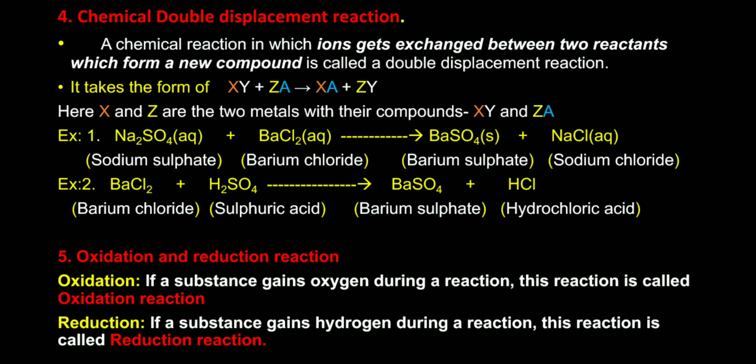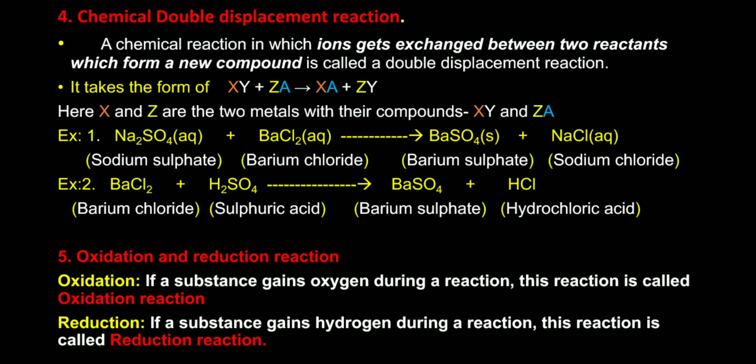You balance this equation. Fifth reaction, oxidation and reduction reaction. What is oxidation? Oxidation is the addition of oxygen to the compound. Reduction is the removal of oxygen or addition of hydrogen to the compound.